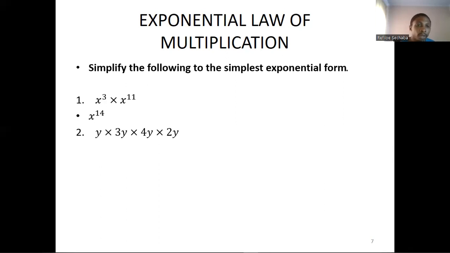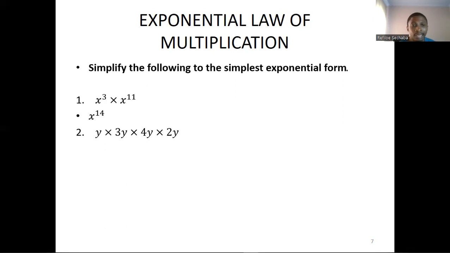Remember, when you're multiplying terms that have variables, you start first by multiplying the numbers, all right? So we'll simply multiply the coefficients in this case. The coefficient of the first y is 1. The second factor is 3y, so the coefficient there will be 3, and the third factor is 4y.